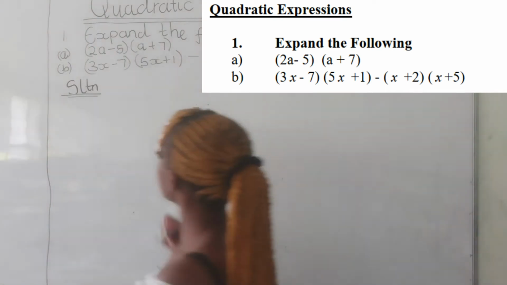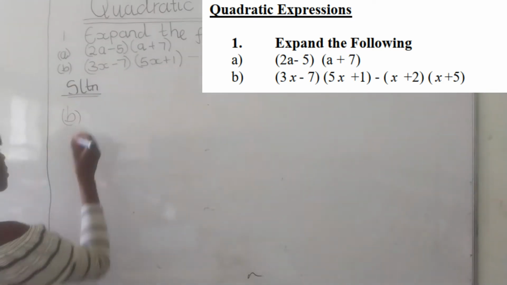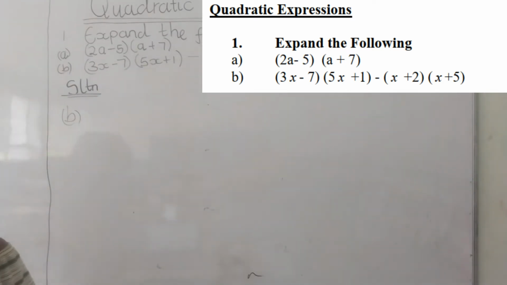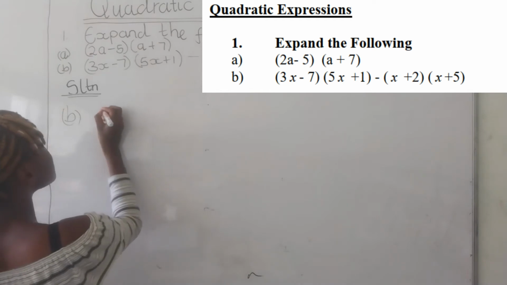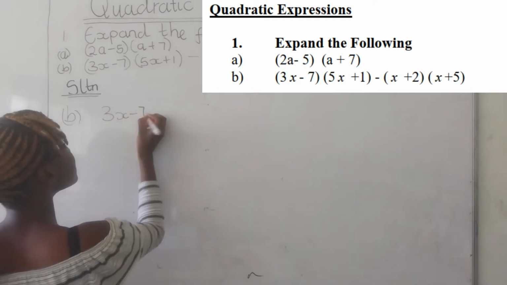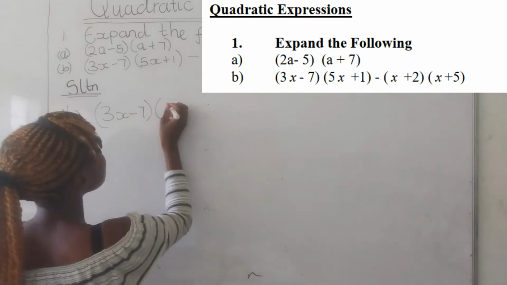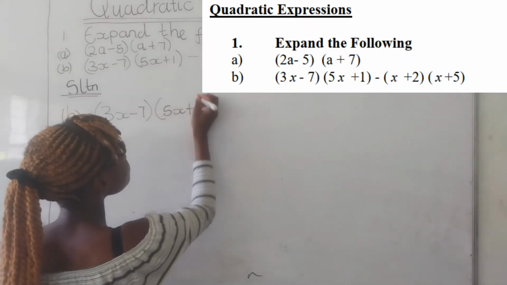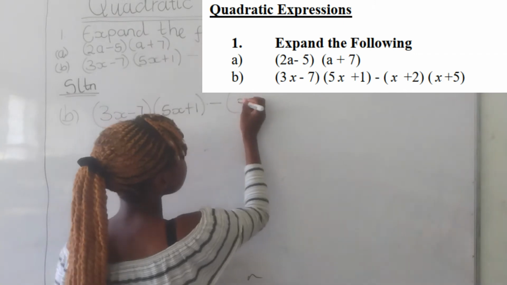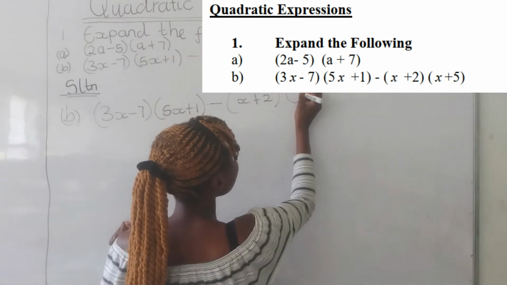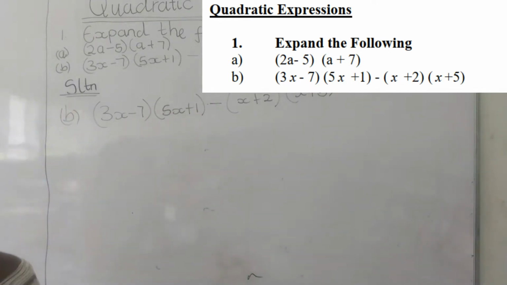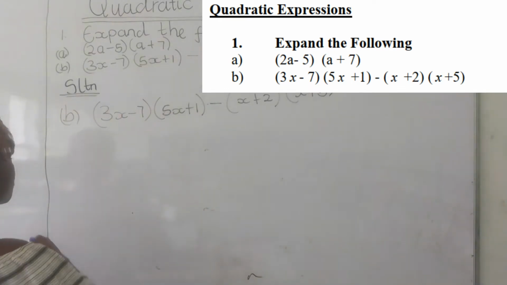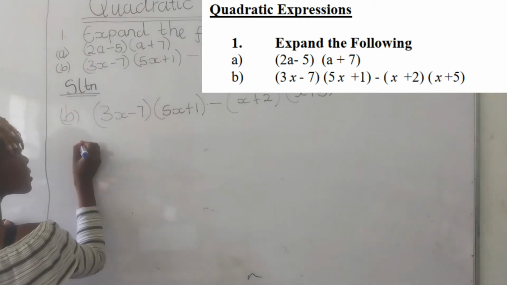For part B, let me use a different marker. It reads 3x minus 7 bracket 5x plus 1 minus x plus 2 bracket x plus 5. Okay, so we just simplify as we did in our first example.